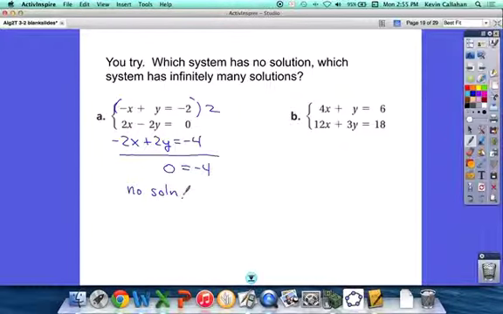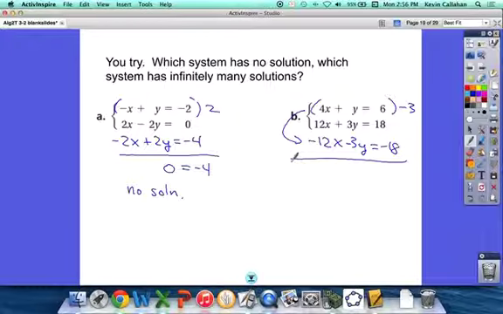How about the second one? What are you going to get? Is it going to be 0 equals 0? What are you going to multiply by the first equation? Negative 3? You know, if we're going to do it like we're doing, we'll call that negative 3, which gives, then I'm going to put that result right underneath. Negative 12x minus 3y equals negative 18.